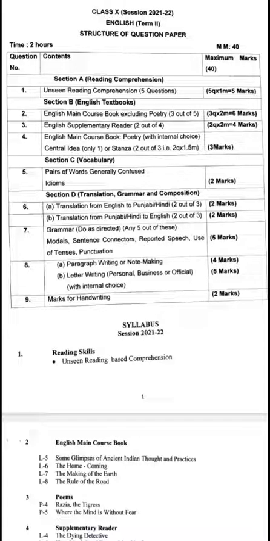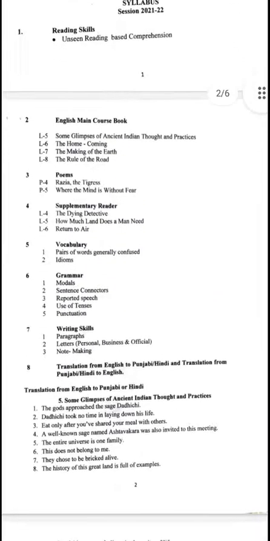Syllabus, I have already prepared one video for the syllabus. Let us have a glimpse. Let us recapitulate it. In the syllabus, first is reading skill, so unseen reading based comprehension. Then from the main course book, the chapters are Some Glimpses of Ancient Indian Thought and Practices. Then The Homecoming. Then The Making of the Earth and The Rule of the Road.